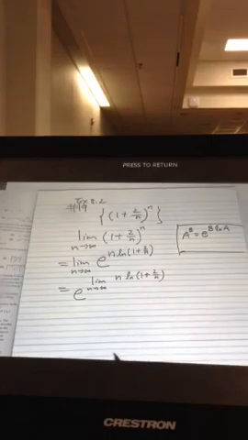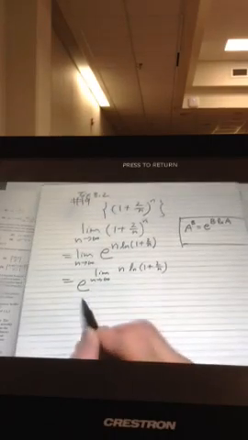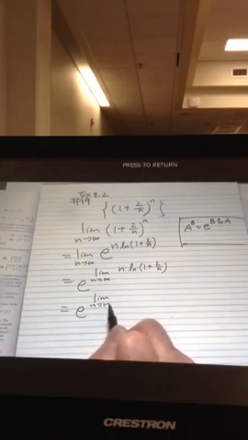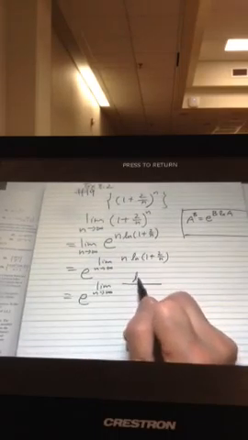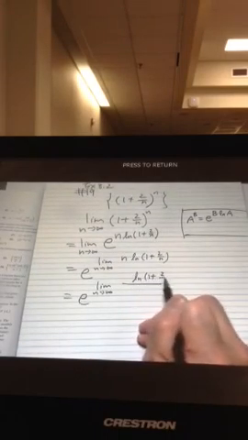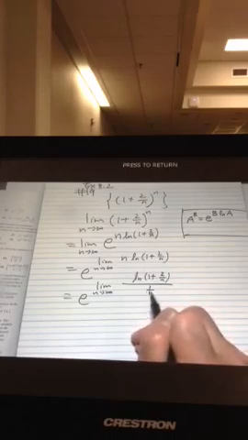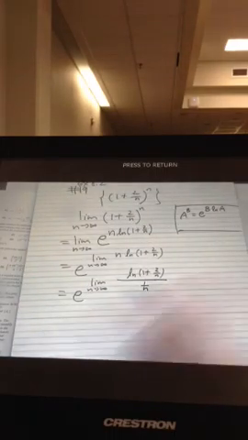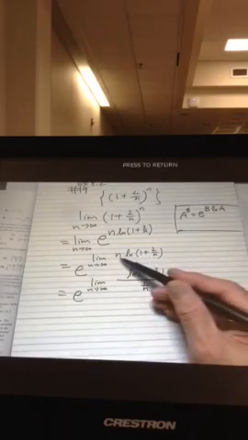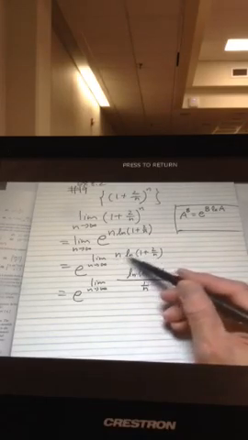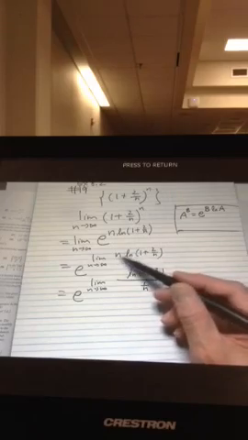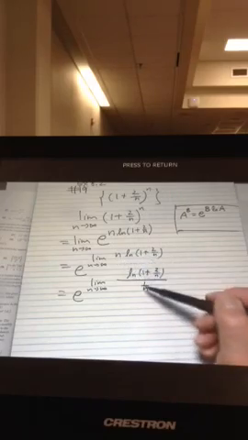then I'm going to use L'Hopital's rule for this one. So I'm going to rewrite this into this form. When this one and this one are the same thing, I just divide both numerator and denominator by n.